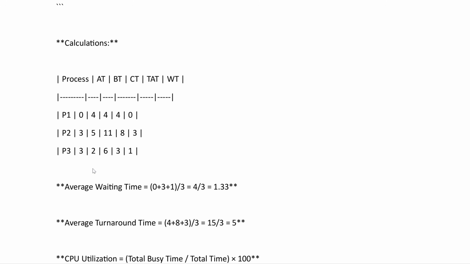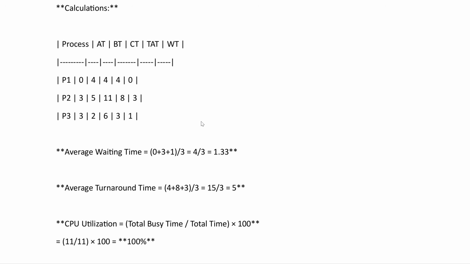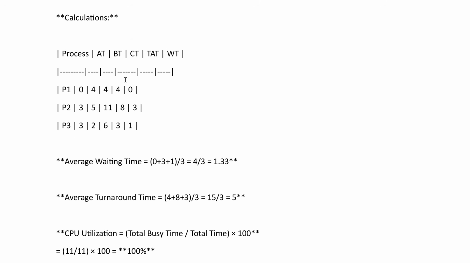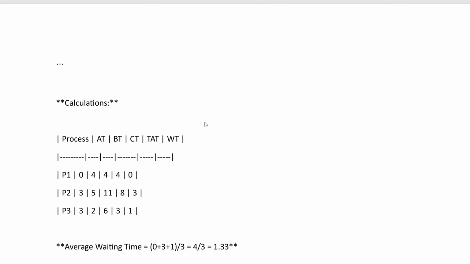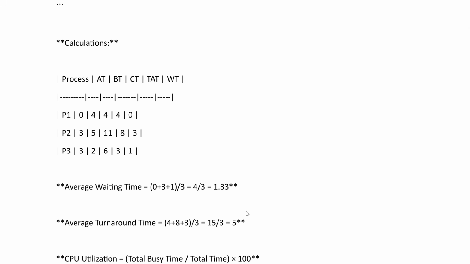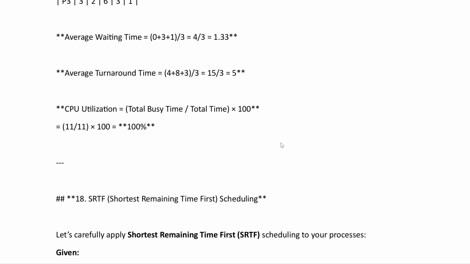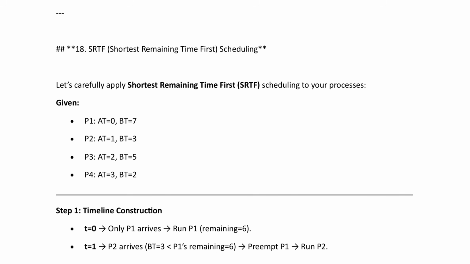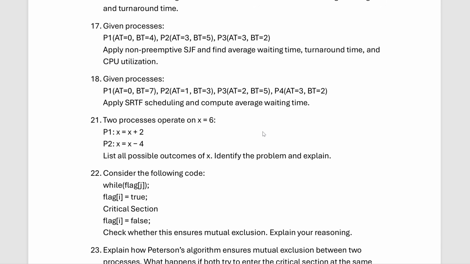For your convenience, the waiting time, turnaround time, the average waiting time and average turnaround time, and CPU utilization have been computed again. You can refer to this Gantt chart, and you can easily compute all these quantities. So we are done with the solution to problem number 17.